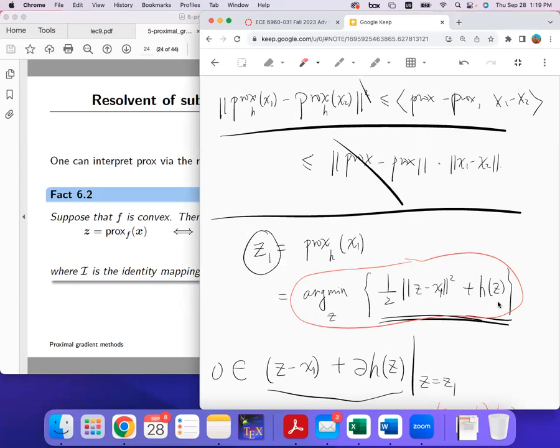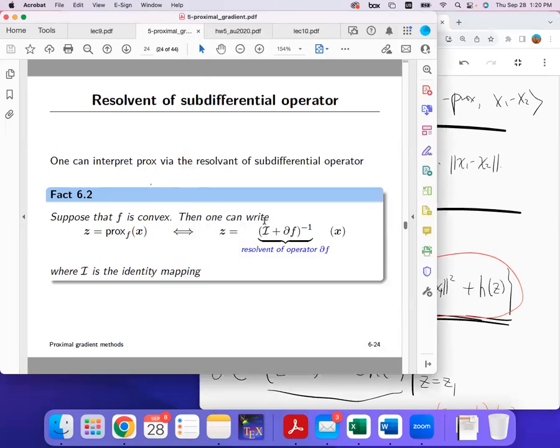So that might be a multi-valued map. But once we introduce this quadratic term, which makes the function strongly convex, the solution to this problem is always unique. Right? So in the operator form, this is equivalent to adding an identity operator, and that makes the operator immediately invertible.